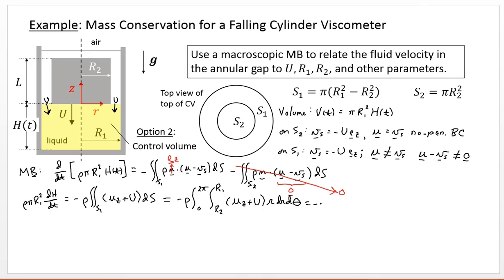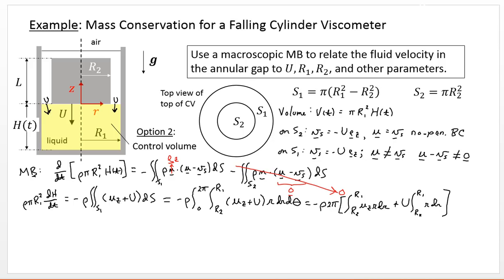So we get a minus rho times 2 pi, and then we're left with the integral from R2 to R1 of (uz plus capital U) r dr. So the first term, we simply get the integral from R2 to R1 of uz r dr. And then the second term, we get plus capital U times the integral from R2 to R1 of r dr.